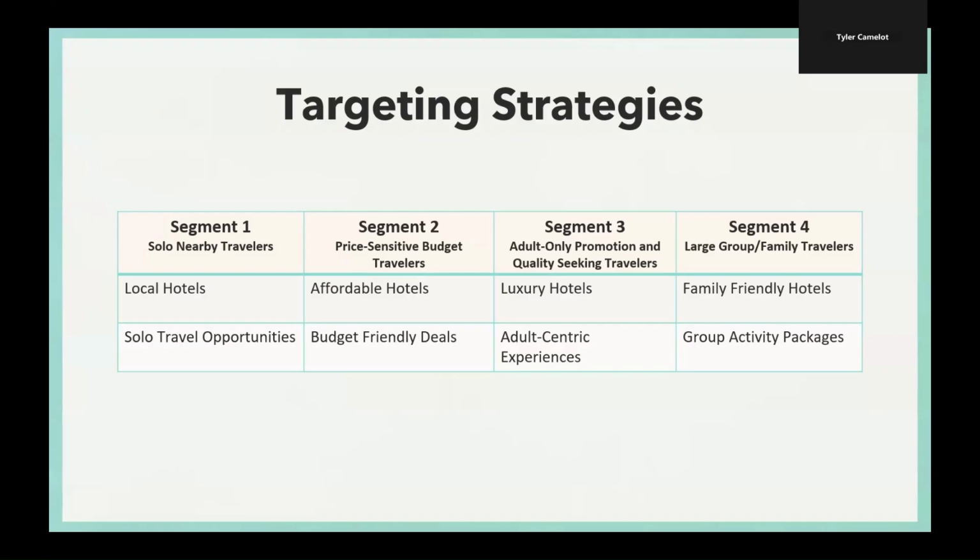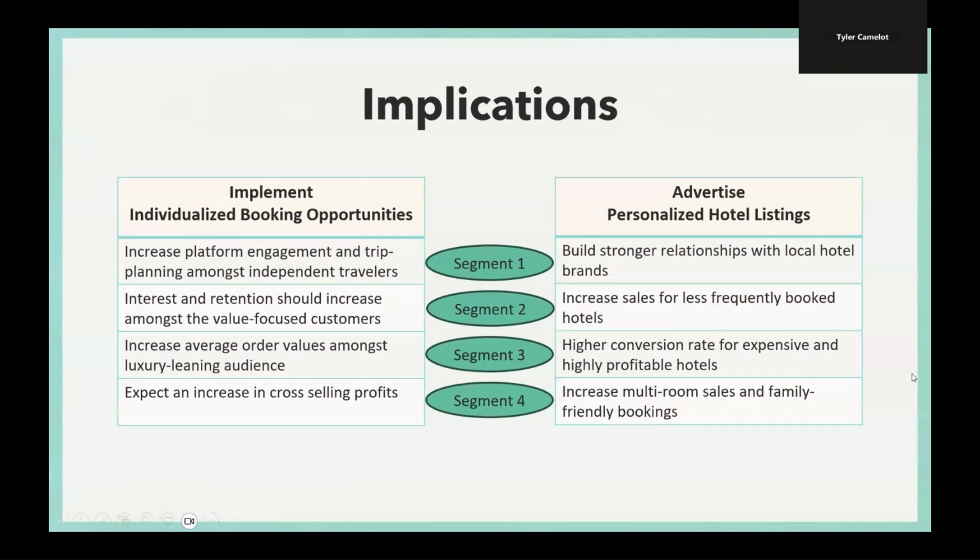And following that, we wanted to get into some of our implications for all of these targeting strategies. So, some implications for implementing our individualized booking opportunities are split up by segment. So, segment one again are solo travelers.